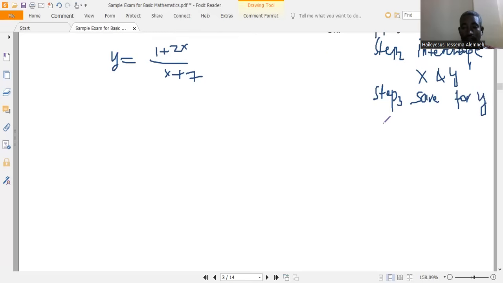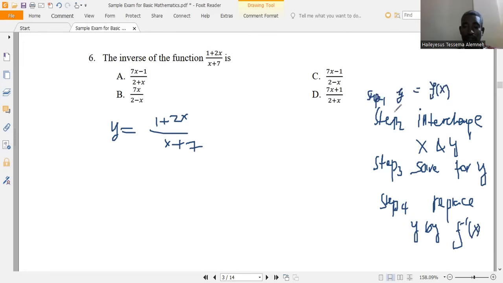After solving for y, on step 4 we replace y by f inverse of x.